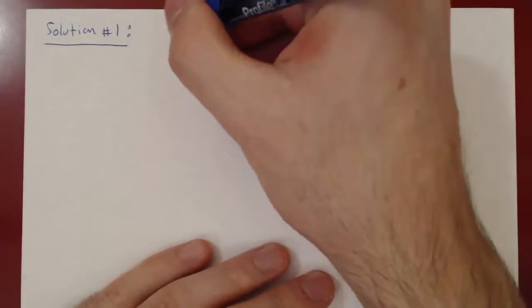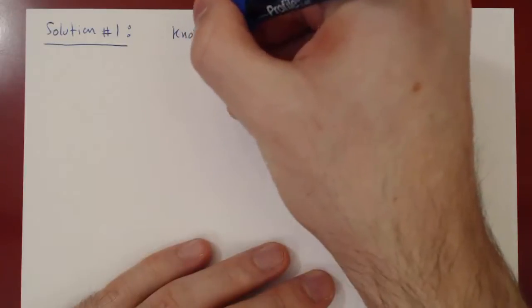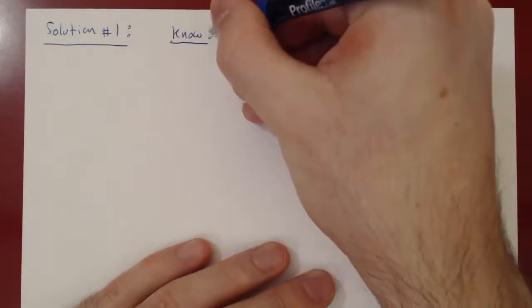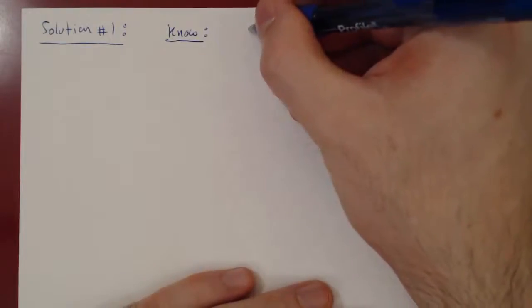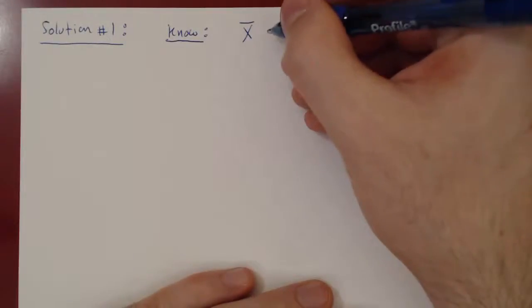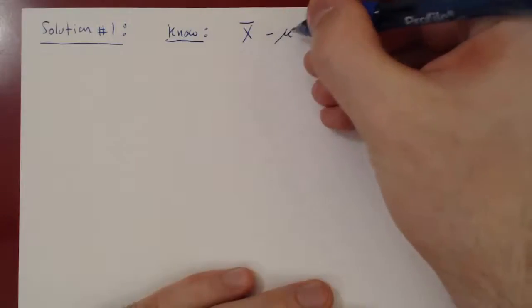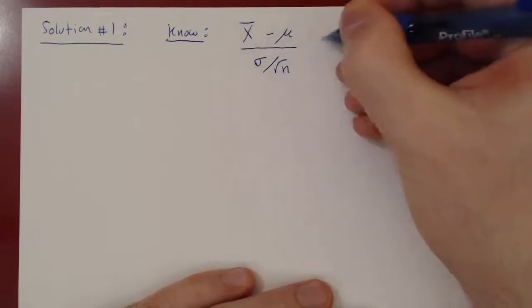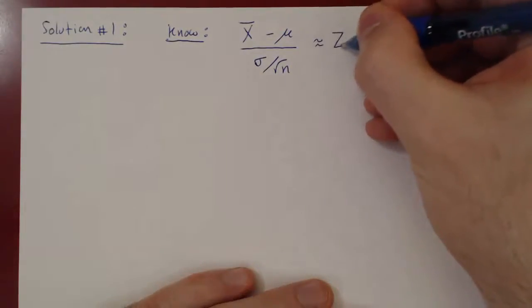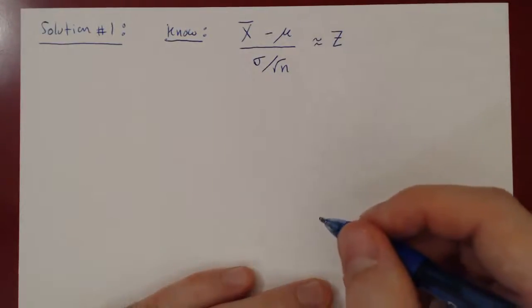So recall what we have so far. We have our statistic that the average weight of a sample minus the true average over the true deviation over the root of n is roughly z, the standard normal random variable.